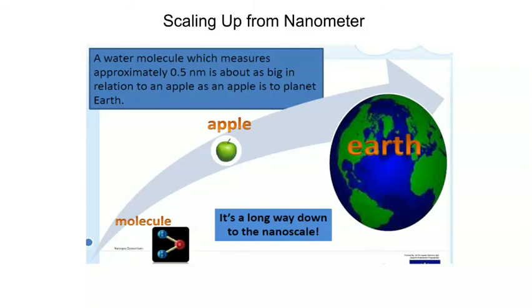You have a water molecule, H2O. There are three atoms: two hydrogen atoms and one oxygen atom. A water molecule is approximately 0.5 nanometer, which is about as big in relation to an apple as an apple is to the planet Earth.